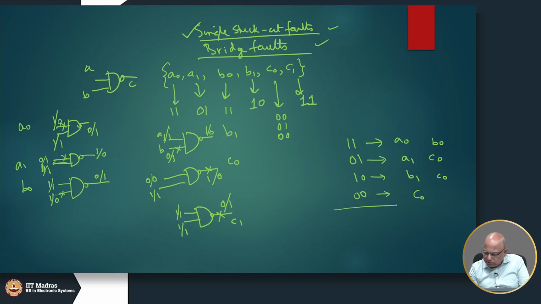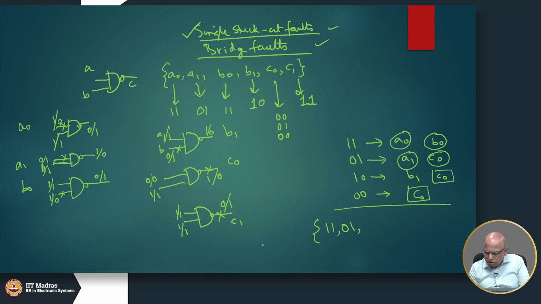I hope you will realize that all 4 vectors are not required. We can pick 1 1, that will take care of A0 and B0. Then if you pick 0 1, it will take care of A1 and C0. So, C0 is already gone.